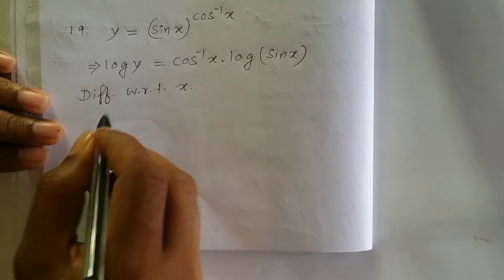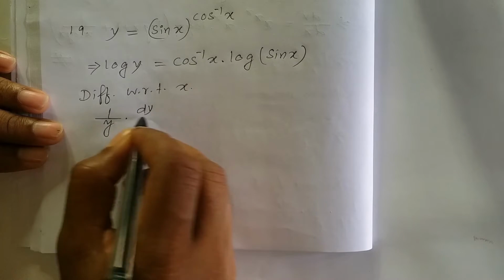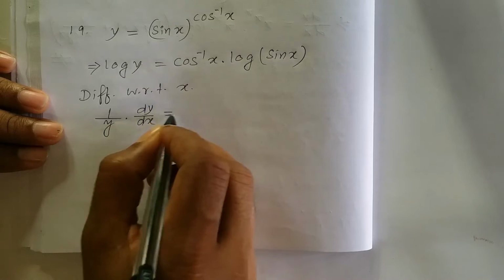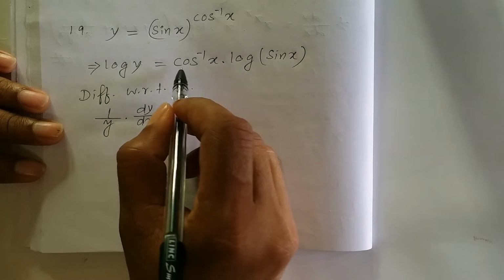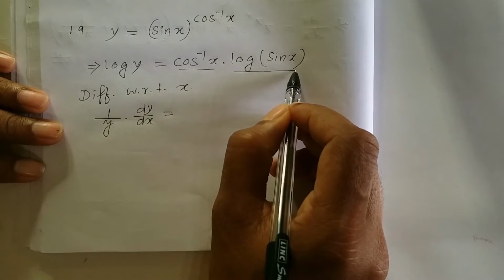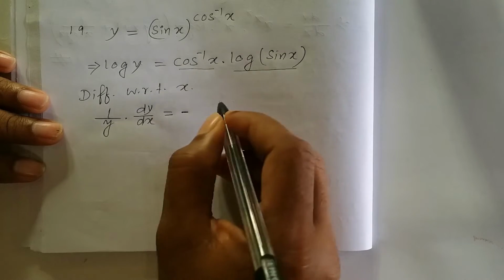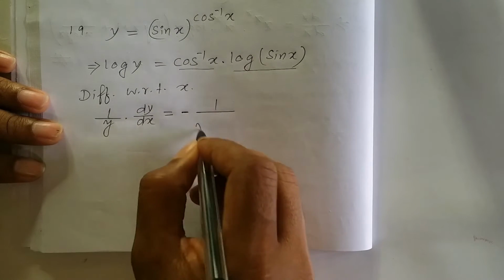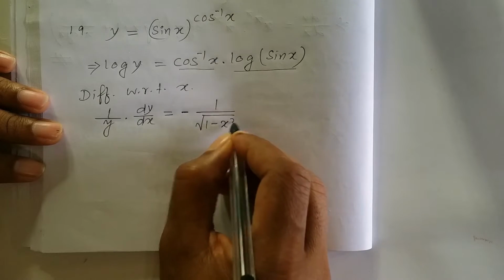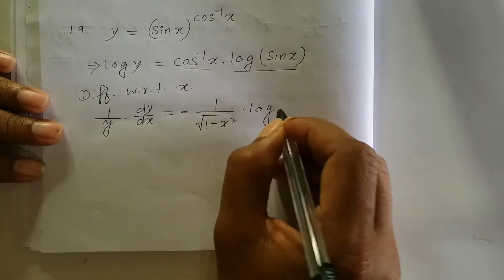So log y function derivative is 1 by y, and for y you have to write dy dx, is equal to, there are two functions, one function is cos inverse x and the other function is log of sin x. So cos inverse x derivative is minus 1 by root over 1 minus x square, you know this, and log of sin x remains same.